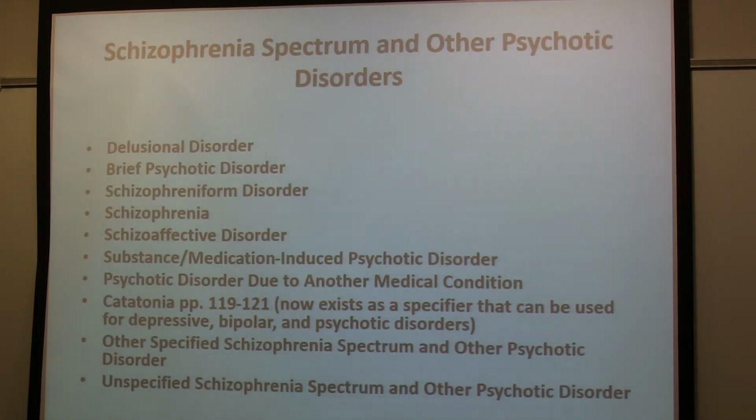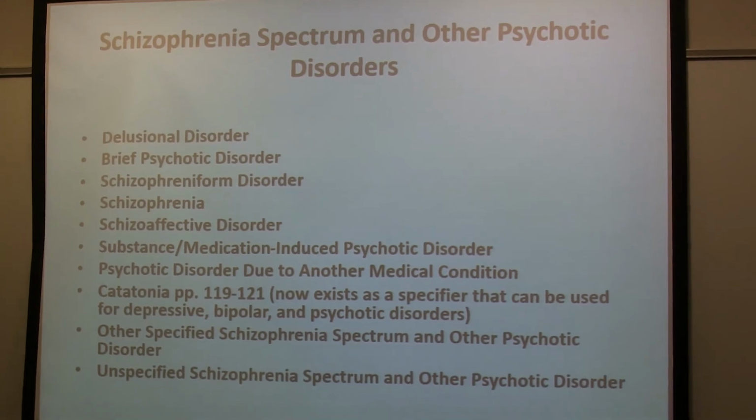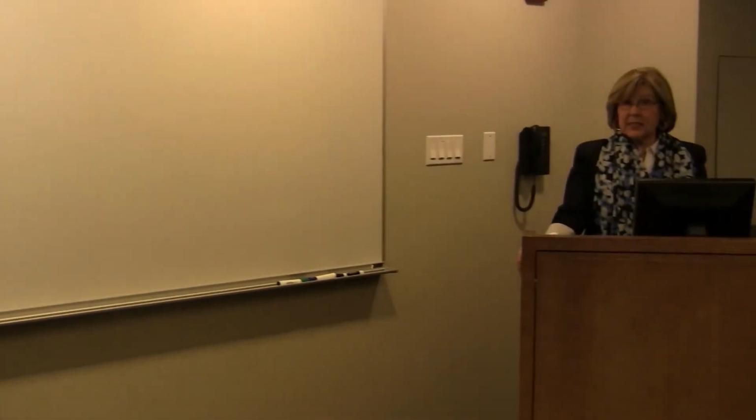Now we're going to move on to schizophrenia spectrum and other psychotic disorders. So, DSM lists a number of them: delusional disorder, brief psychotic disorder, schizophreniform disorder, schizophrenia, schizoaffective disorder, substance or medication-induced psychotic disorder, because we do know that there are some substances that can induce psychosis if they are taken.